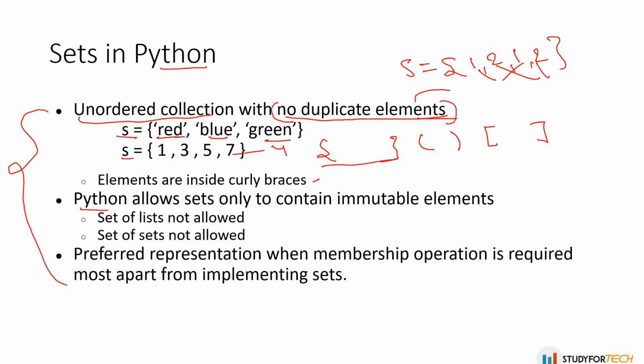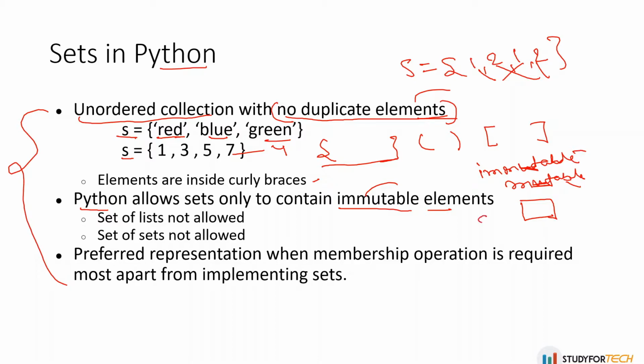Python allows a set only to contain immutable elements. There are two things, immutable and mutable, and these are two important concepts everyone should know. Immutable means once you define something, you cannot change the content in place.